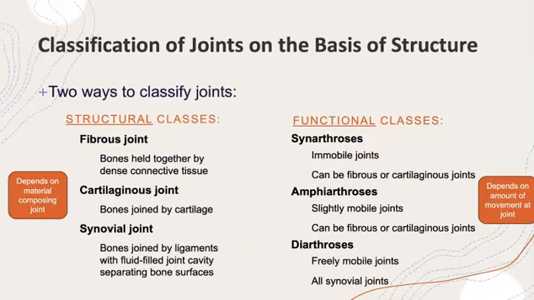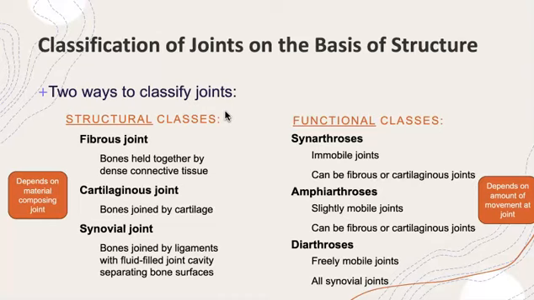Now let's do an overview of how we classify joints. We really classify them in two different ways: a structural classification and a functional classification. With our structural classification, we are focusing on the material that's composing the joint.